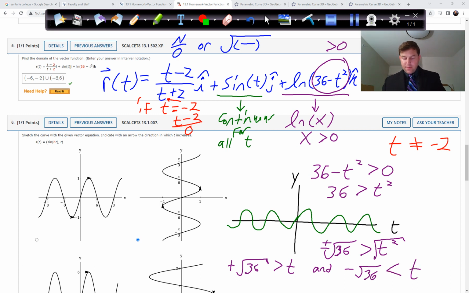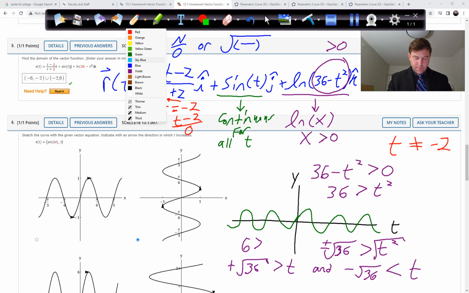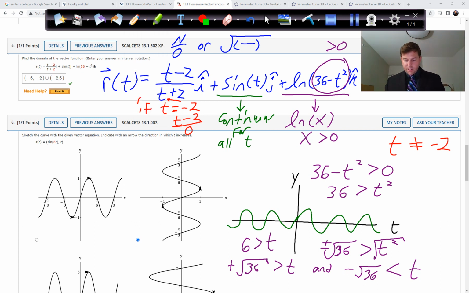So we're going to get t has to be smaller than positive 6, and t has to be bigger than negative 6. So in essence, t is sandwiched between minus 6 and 6.